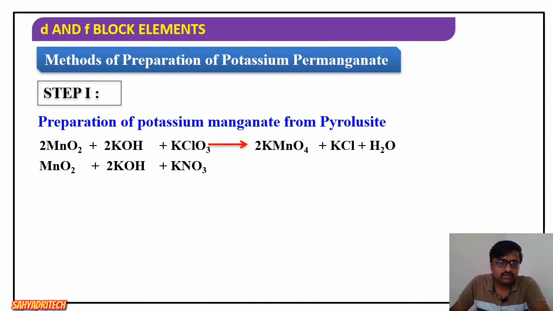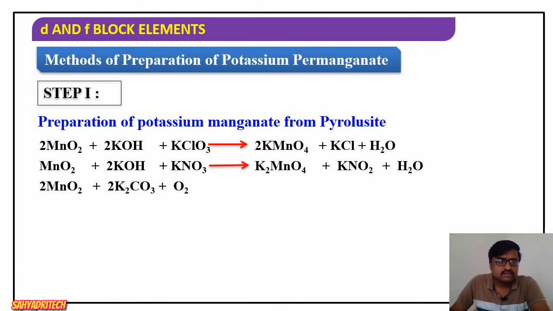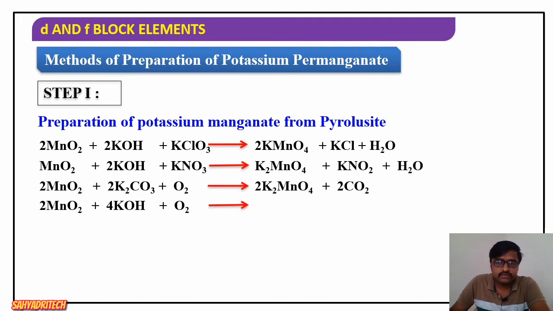Otherwise, when you use KNO3, potassium nitrate, there will be formation of potassium manganate, potassium nitrite and water. When treated with potassium carbonate and oxygen, it gives potassium manganate K2MnO4 plus carbon dioxide, and pyrolusite ore fused with potassium hydroxide and oxygen gives potassium manganate and water.